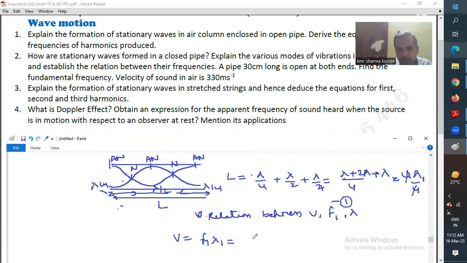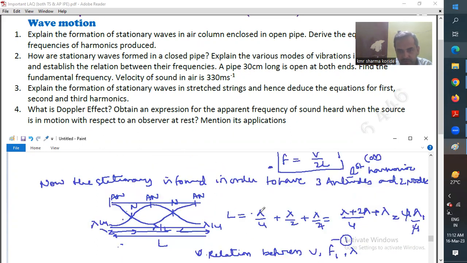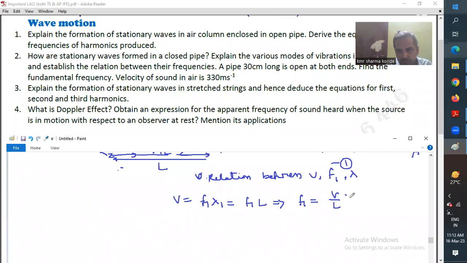Lambda 1 is L, so V is F1 into L. You can write F1 is equal to V by L. In order to get it in the form of the fundamental frequency, you multiply and divide by 2. So this part will be again the fundamental frequency. This is the second harmonic or first overtone.